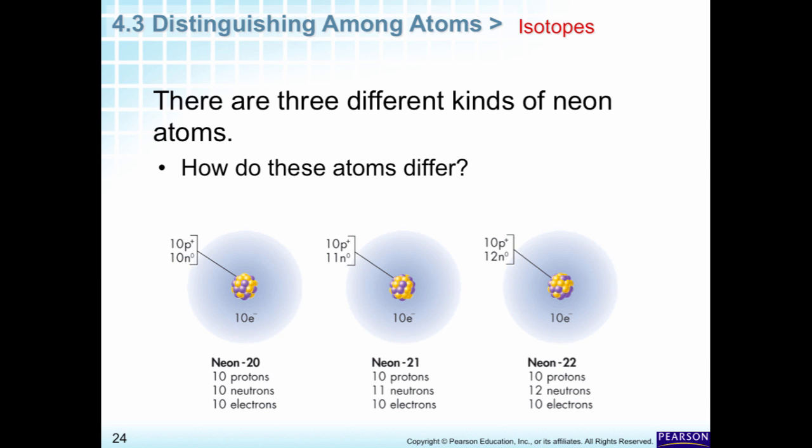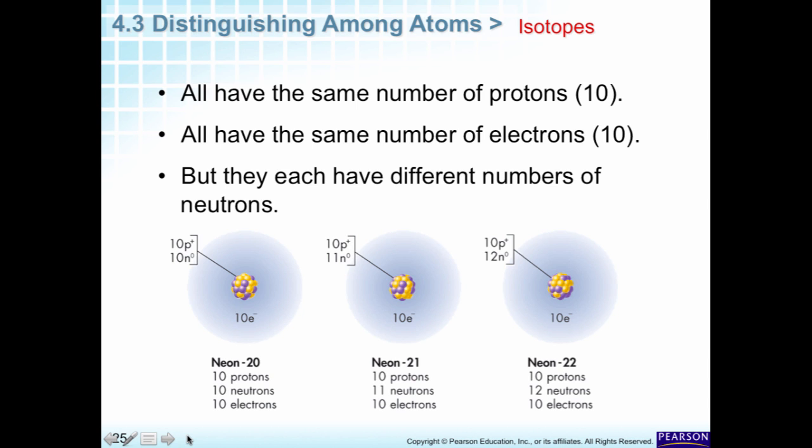So neon 20, there's 10 of them, and neon 21, there's 11, and neon 22, there is 12. So if we look here, 10 neutrons, 11 neutrons, 12 neutrons. Add each of those to the 10 protons, and you get 20, 21, or 22. Okay? So there's a summary slide of what I just said.